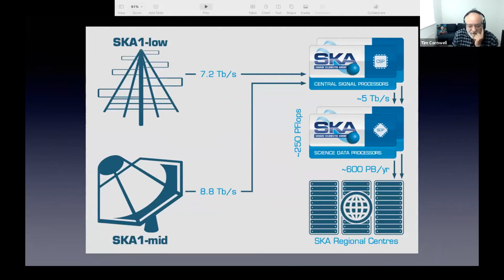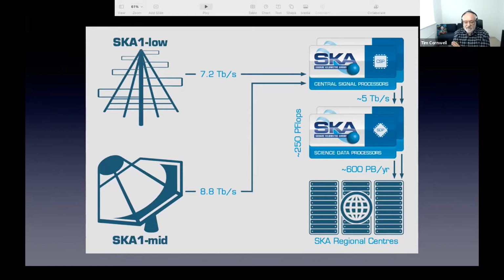The amazing thing about SKA is the data rates, and everyone likes to say the data rates are very high. There are terabits per second coming from the two different telescopes, one in South Africa, that's SKA-1 Mid, and one in Australia, a low frequency telescope.